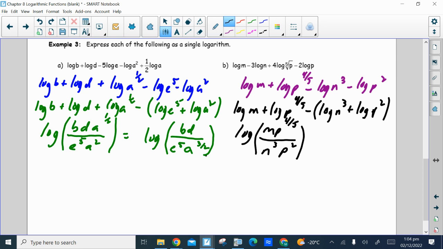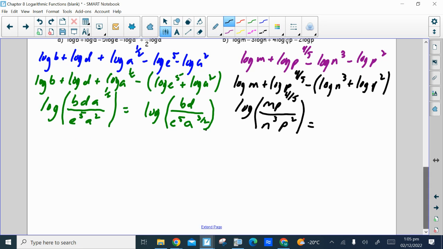And like we did before, we can simplify a little bit because we have powers of p on both the top and the bottom. P to the 4/5 divided by p squared. That p squared we could write as p to the 10/5, so that there's a common denominator with the 4/5 because we have to subtract the exponents. 4/5 take away 10/5 is negative 6/5, which would be what we'd be left with.